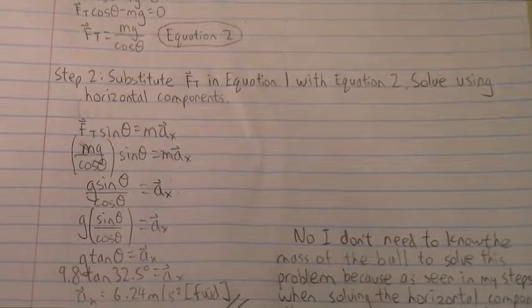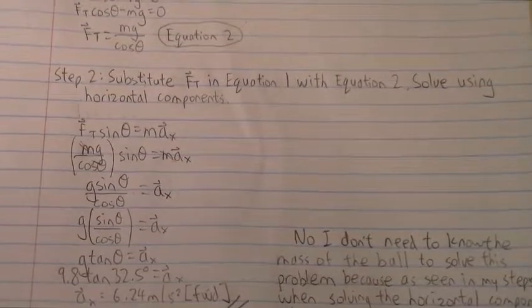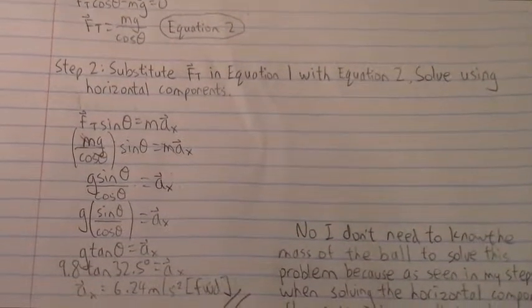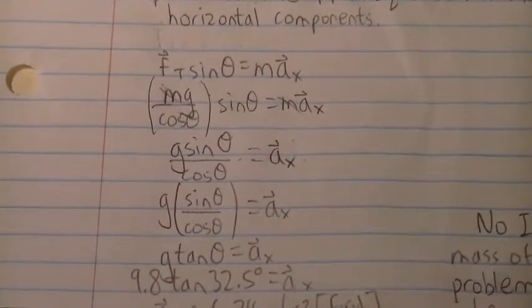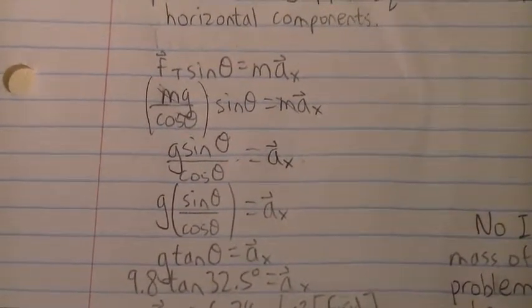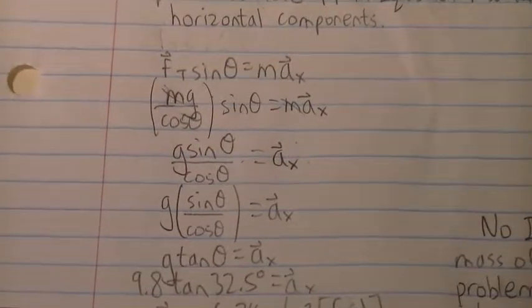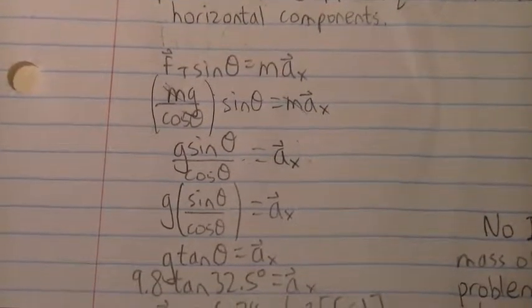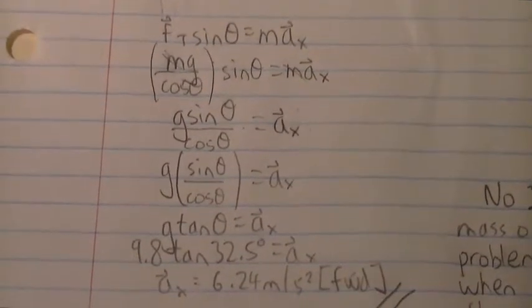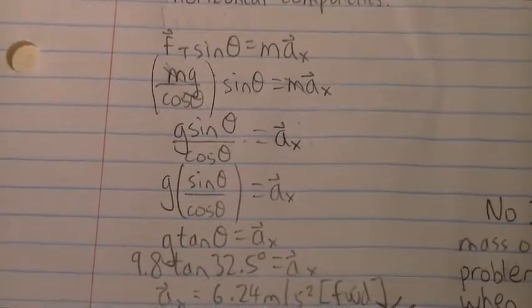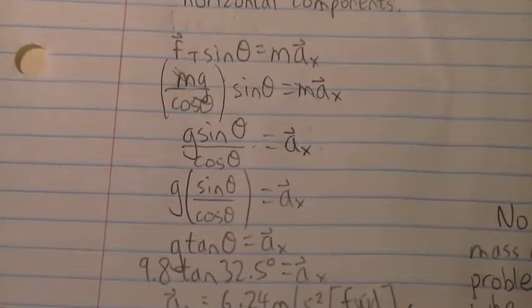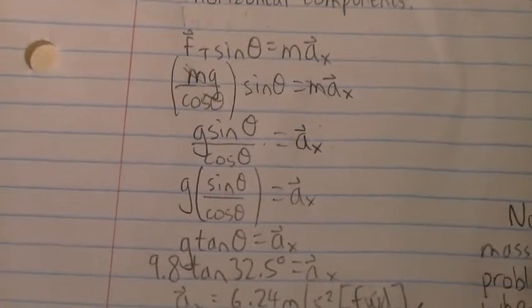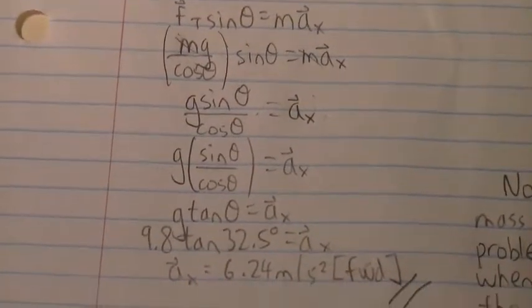For the next step, we can now sub in Ft in equation 1 with equation number 2 and solve using the horizontal components. So taking a look at our original equation, Ft sine theta equals ma, we can sub in Ft equals mg divided by cos theta. And we notice here that the mass on the left cancels out the mass on the right, so that eliminates our mass variable.